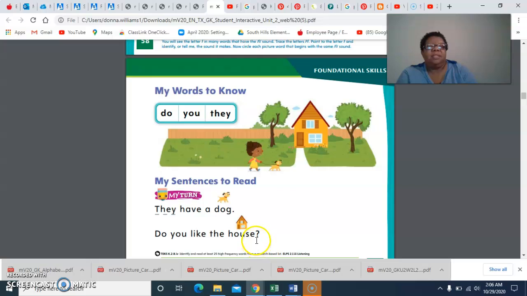And what's at the end of our sentences? Here is a period, and then here's a question mark. They use finger spaces between the words so we could read the words quickly and be able to understand what we're reading and being able to see each word. Here's our sight words, do and you, and we can call them high frequency words or sight words.